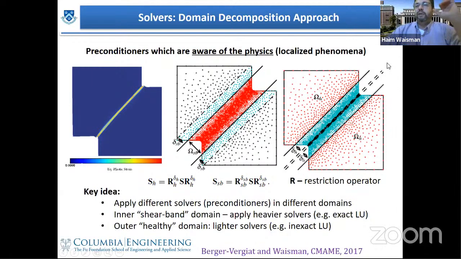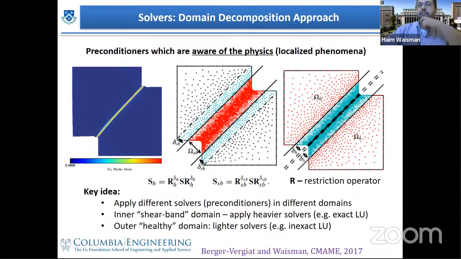So basically, we will be aware of the physics that is formed, and the idea would be to use an additive Schwarz decomposition where you can use different solvers in different domains. In the domain where something is happening, where the shear band or fracture is happening, we can use a very sophisticated solver such as an LU solver, and so factor the system at every time step and solve it exactly.